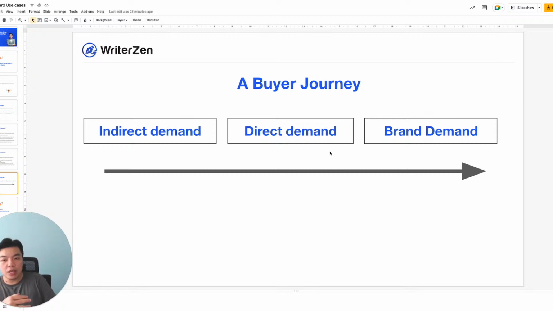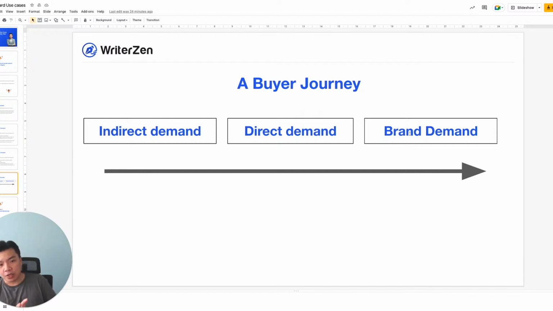And in between this, there will always be a group of your user personas that fit with each of these groups. So make sure when you build a keyword research plan, you keep this in mind, that you always have a strategy to cover your bases. Brand demand is everything around your brand, your product, your service, the things people specifically want to know when they look for you. You cover that.